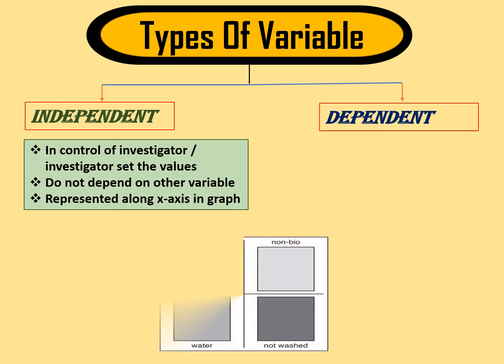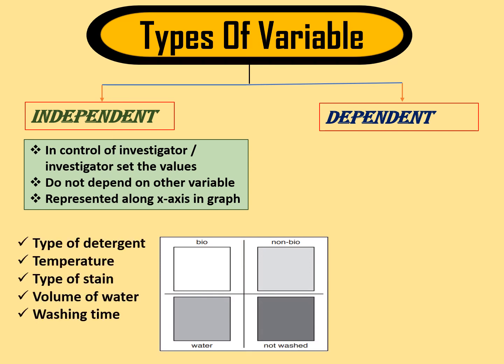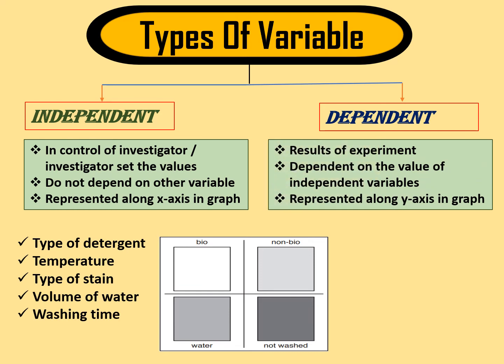For example, in this experiment, we have the type of detergent, temperature, type of stain, volume of the water, and washing times. These all are independent variables. So the examiner can set these values, while the dependent variables include the result of your experiment and depend on the value of the independent variable, and they are always represented along the y-axis in the graph. For example, the intensity of the stain is a dependent variable.